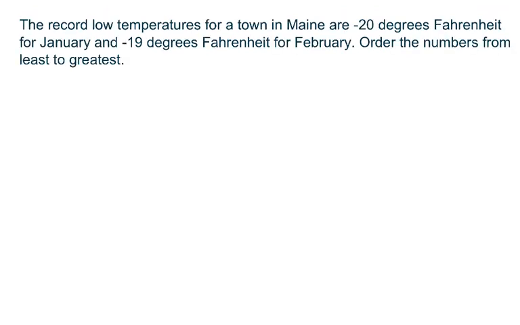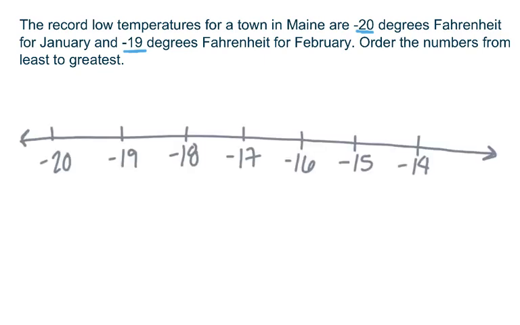The record low temperatures for a town in Maine are negative 20 degrees Fahrenheit for January and negative 19 degrees Fahrenheit for February. Order the numbers from least to greatest. So our numbers are going to be negative 20 and negative 19. Let's start by drawing a number line.